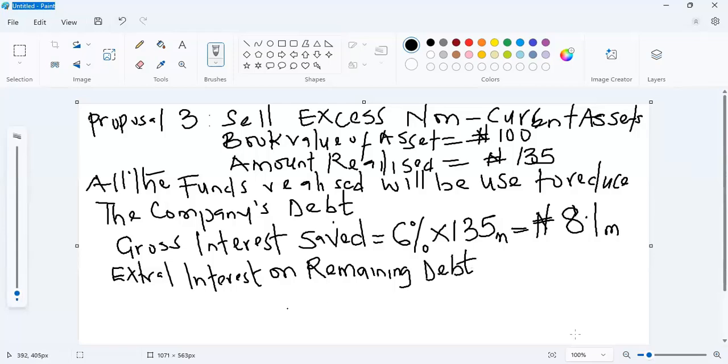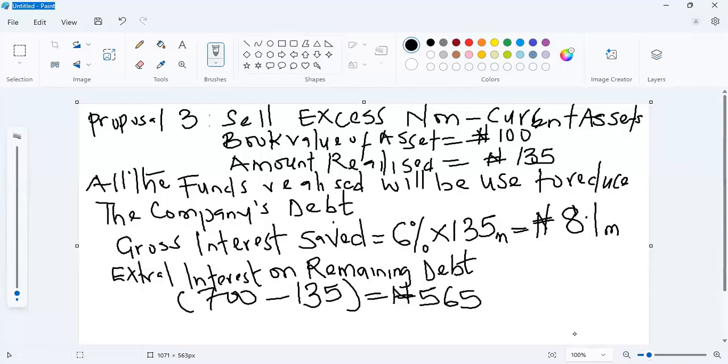What is the remaining debt, please? Let me deal with that first. Out of 700 million, we have repaid 135. We are left with what? 700 million is the existing debt. We now repay 135 million. We are left with what? 565. We are left with 565.